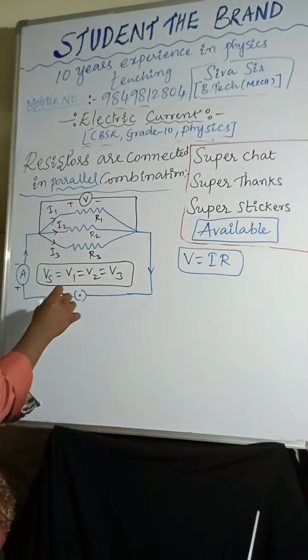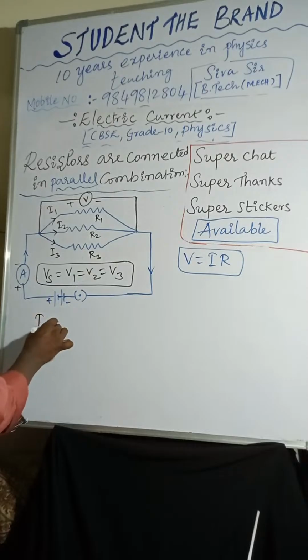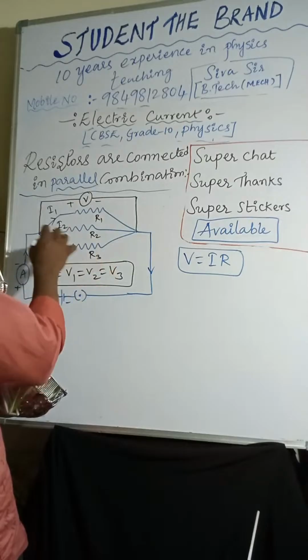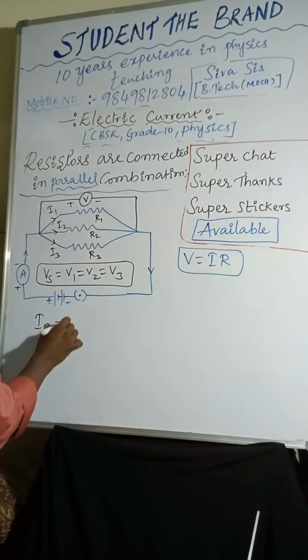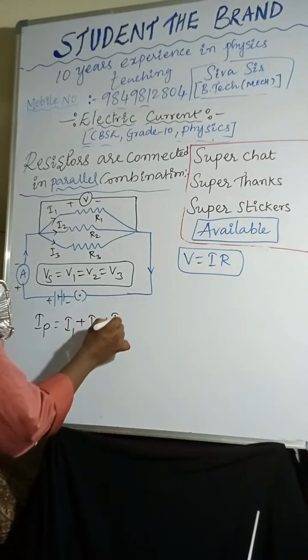Now we can consider Ip, because the current is different: through R1 it is I1, through R2 I2, through R3 I3. So different currents are flowing. That's why I1 plus I2 plus I3.